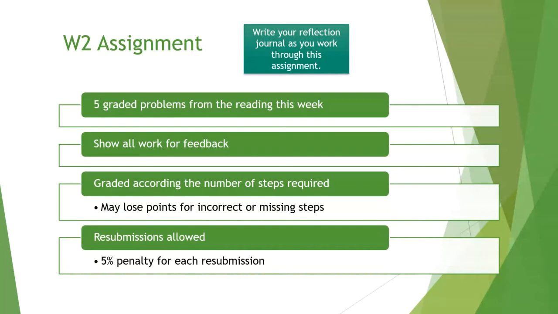I'm grabbing the assignment, taking a look at it right now. This particular assignment, you want to make sure that you are showing all of your work and answering all of the questions, because a lot of people miss parts of the assignment. Usually people miss things in problem 2, or they give the answer but they don't explain what the answer means.